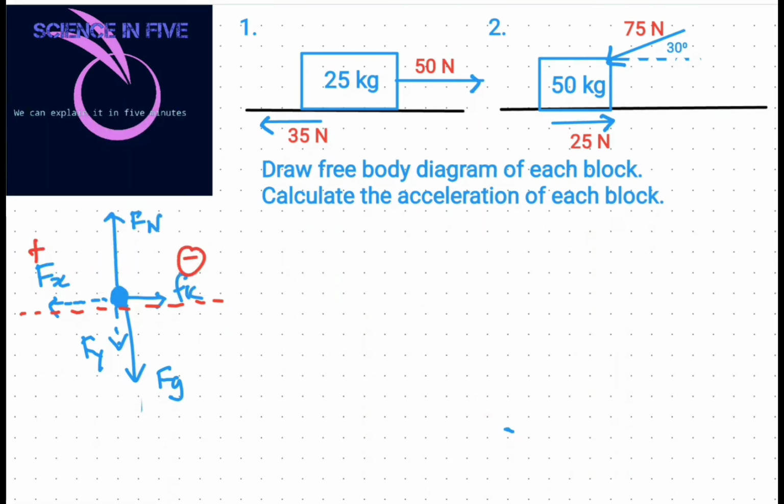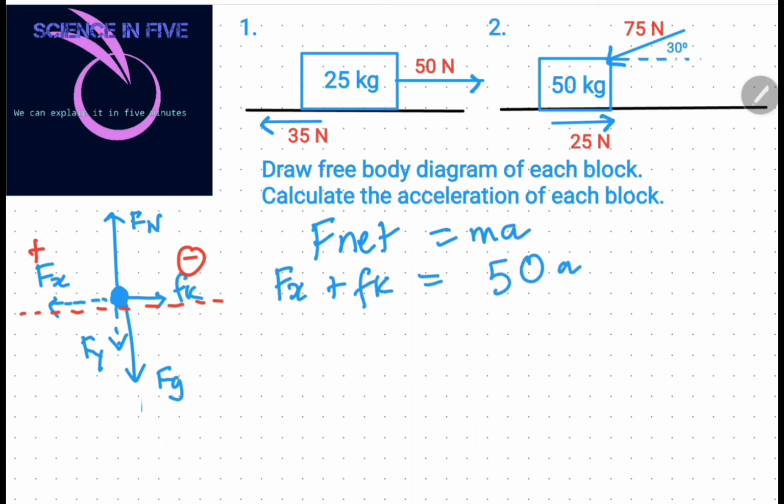Okay, so Fnet is equal to ma. So Fx plus Fk is equal to 50 of a. So what is Fx? It's the horizontal component of the 75 Newton force. So this is the same as 75 cos 30 plus a negative 25 is equal to 50 of a.